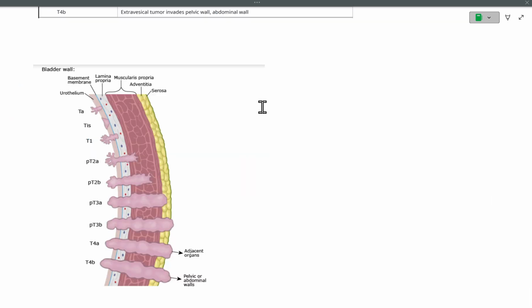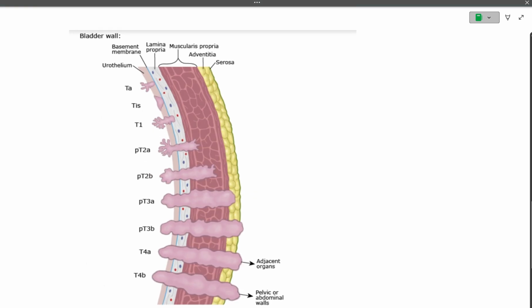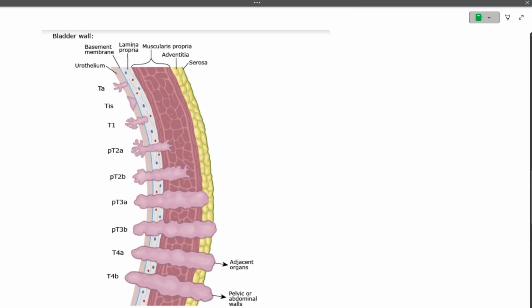So let's look at this diagrammatic representation. This is the bladder wall. In the bladder wall, you have the urothelium, the lamina propria, the muscularis propria, and the adventitia or the serosa. Here you have the urothelium, and Ta is the papillary projection.